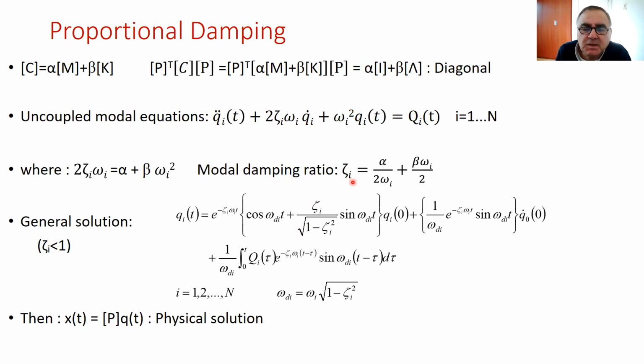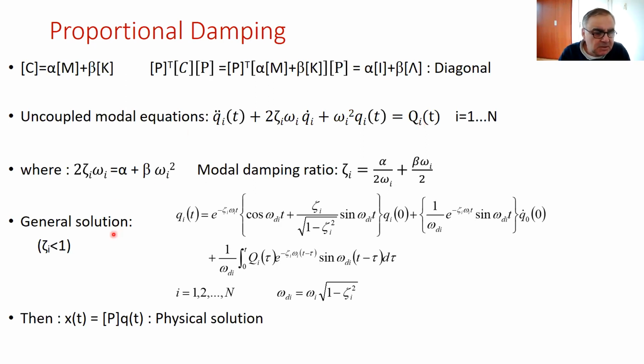And from that modal damping ratio, you don't even obtain a C matrix. You just write the modal equations like this, solve them, and then obtain the physically damped solution. Okay, the damping is going to die out.